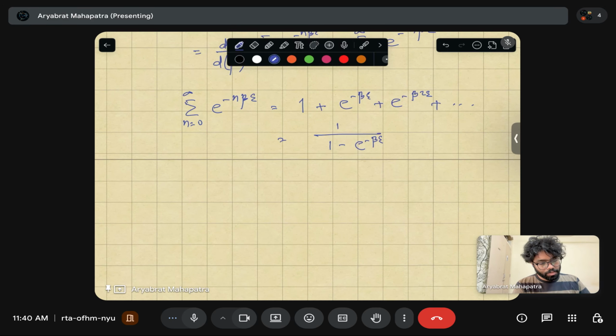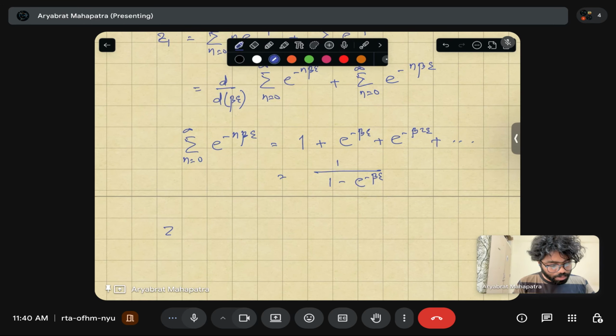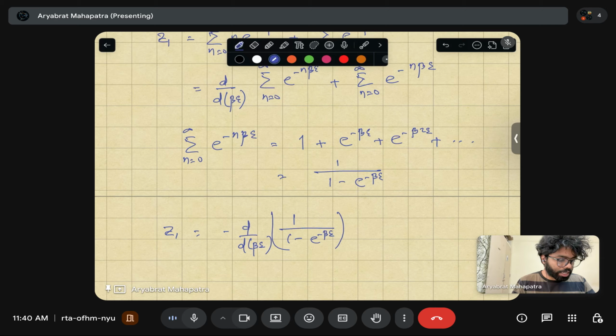Then you can write your partition function finally as the first term, the derivative with respect to beta epsilon of the summation term, which turned out to be 1 over 1 minus exponential negative beta epsilon, and then the same summation term.